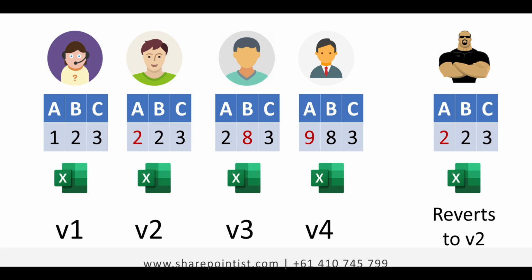The manager selects that version and restores it. In this diagram you can see the manager has restored it back to version 2, making the Excel file look exactly how it was when the second user updated it. So let's have a quick look at it practically, and see how it works exactly on the environment.